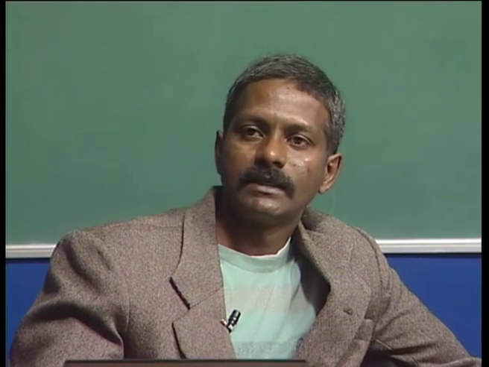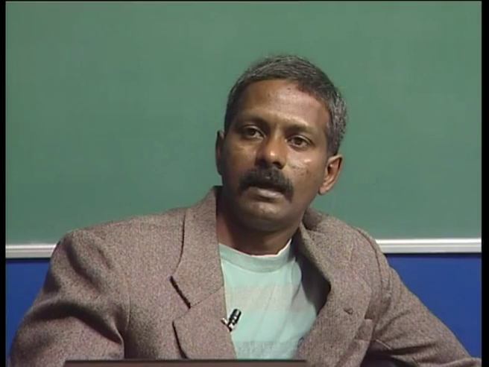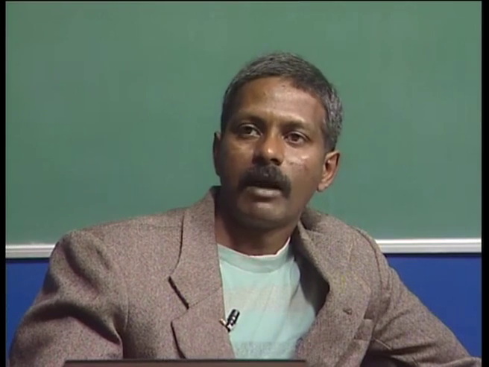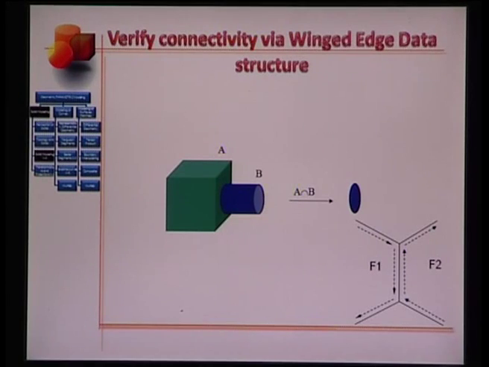Let's revisit these 4 examples and see how the data structure can have anomalies which can be detected, and then we can conclude that the results may or may not be valid solids. Let's take a look at the intersection example first. Block A, cylinder B, intersection would give us a disk.